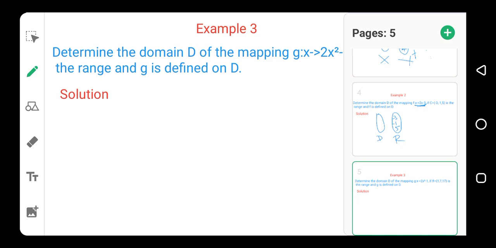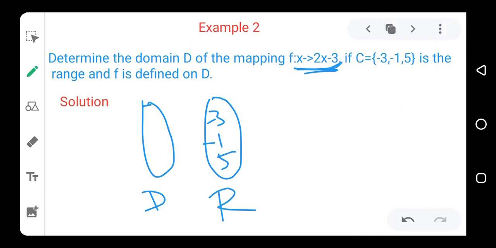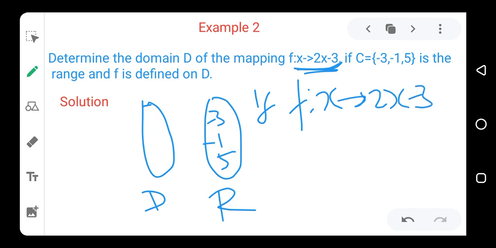So if f is a function of x such that f of x is equal to 2x minus 3, then f of x is equal to 2x minus 3.